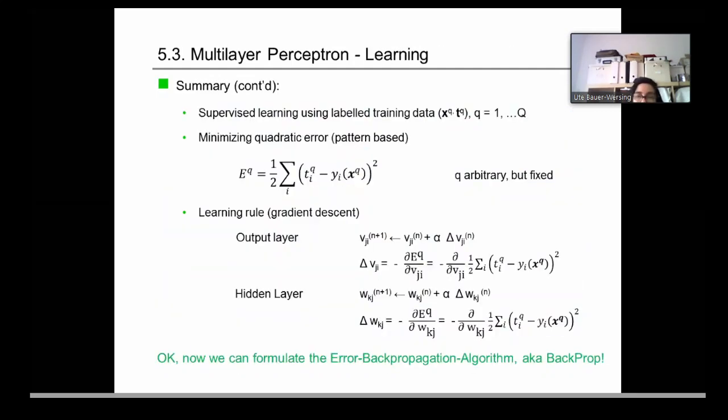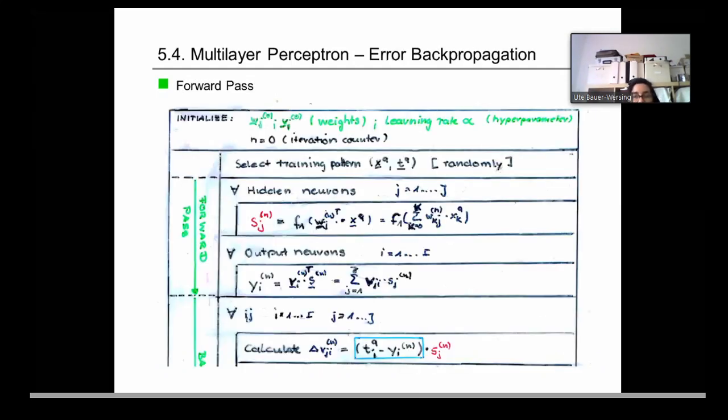Okay. So now we can formulate the error backpropagation algorithm, also known as backprop for short. This is again an algorithm formulation, and we've seen structograms already, so this is nothing new to you.